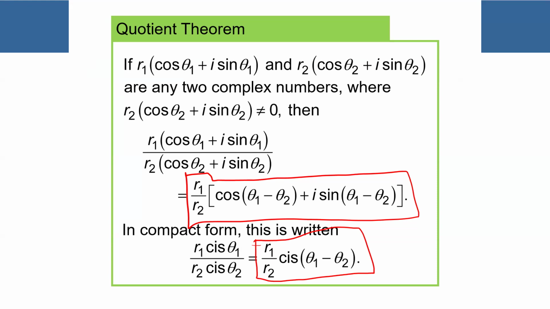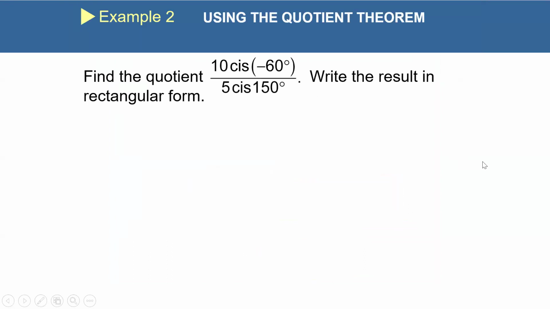All right. Are you ready? Now we're going to apply our rule. So it says find the quotient. We have 10 cosine of -60 plus imaginary sine of -60 degrees divided by 5 times the cosine of 150 plus I sine of 150.